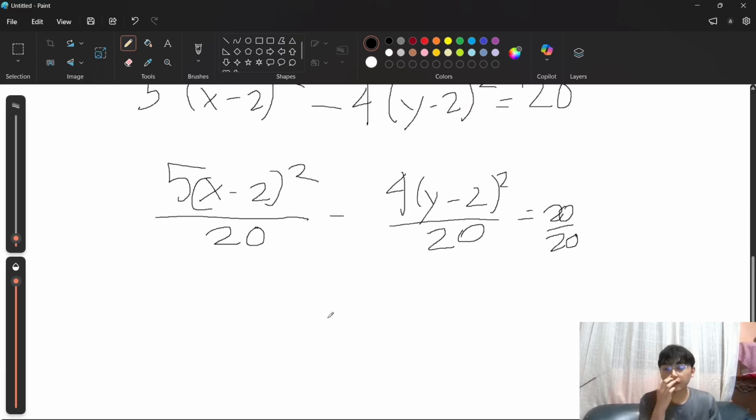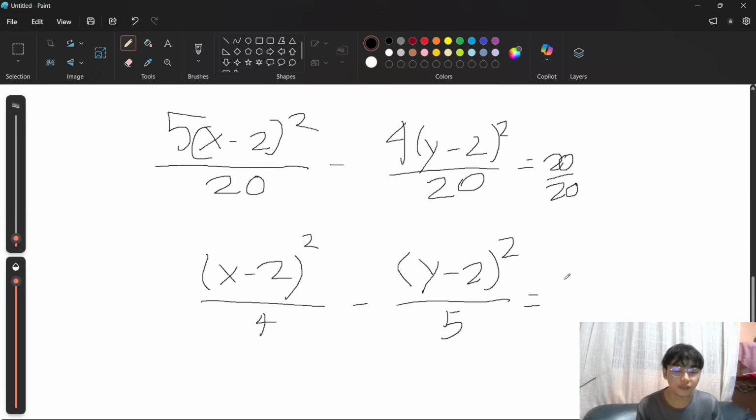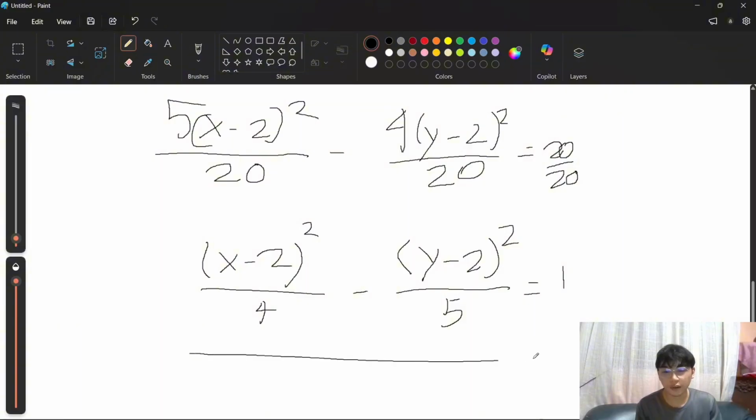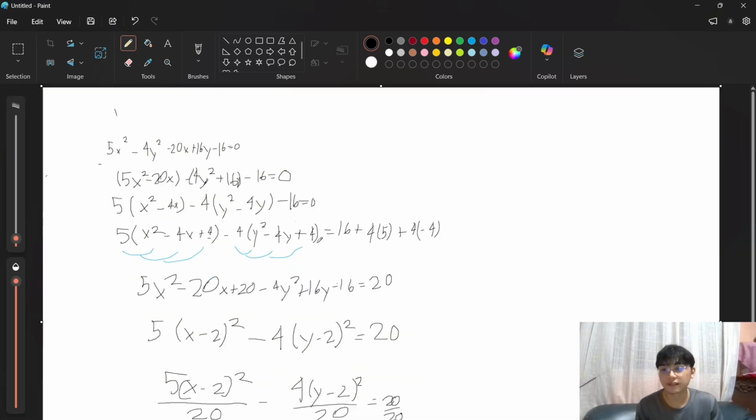So now we have 20 divided by 5, that would be x minus 2 quantity squared over 4, minus 20 divided by 4 is going to be y minus 2 quantity squared over 5, and it should be equal to 20 divided by 20, which is 1. So this is our final answer. This is the standard equation of the hyperbola for this example.